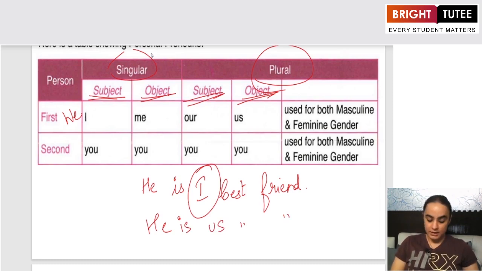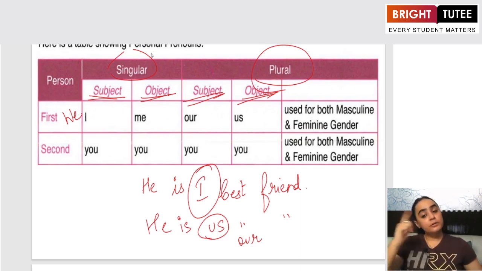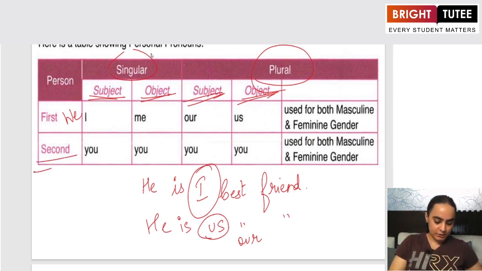He is our best friend, I can say. Right? So the pronouns have a definite place for subject as well as object. So I and we are those first person pronouns that will always be used in place of a subject. And what are the first person objects that we will use? Me and us.